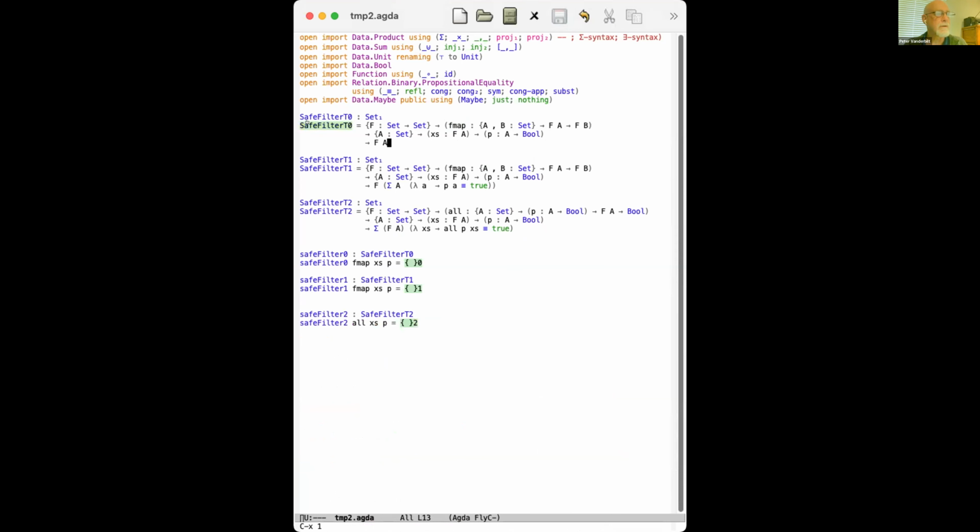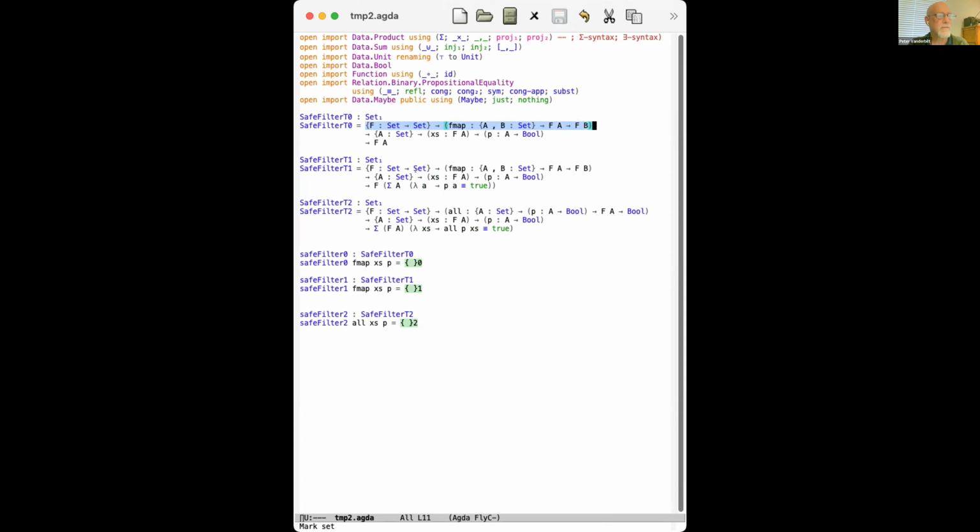So these are a bunch of type definitions. Filter 0 is just the usual one where we take an f of a and a predicate and return an f of a. This first one, I'm cheating a little because I don't have Functor here, so I'm implicitly taking a set to set thing and then an fmap as an argument, and I don't actually use it.